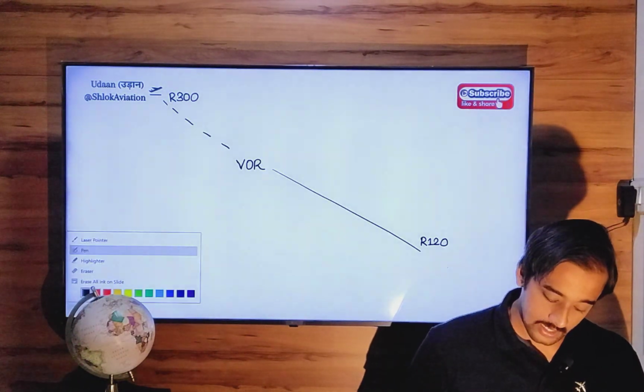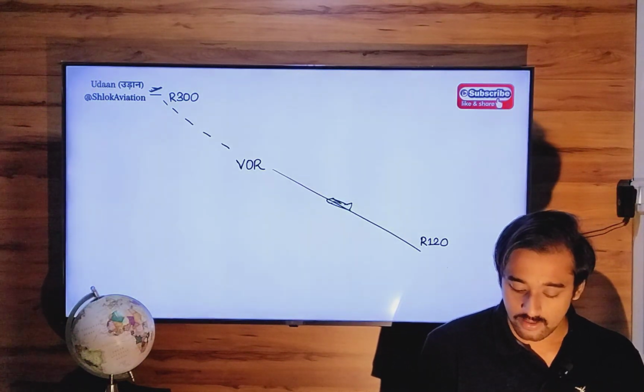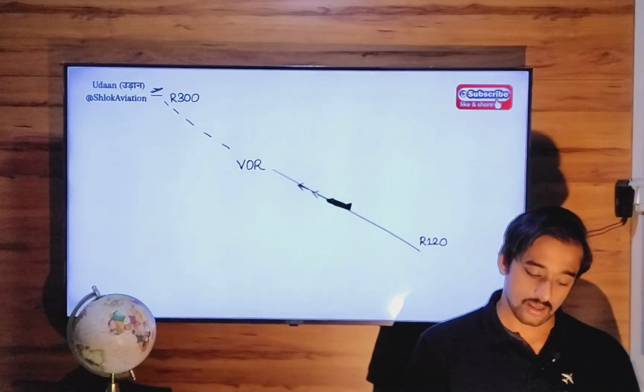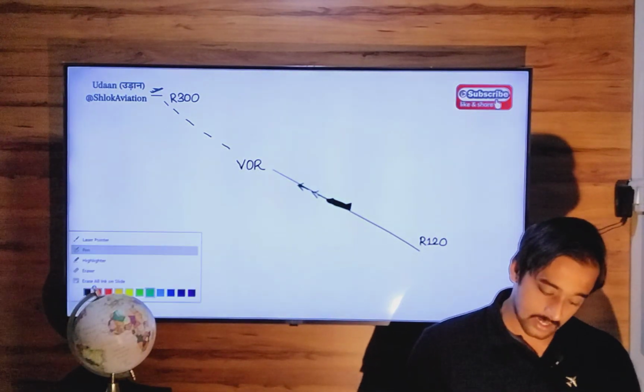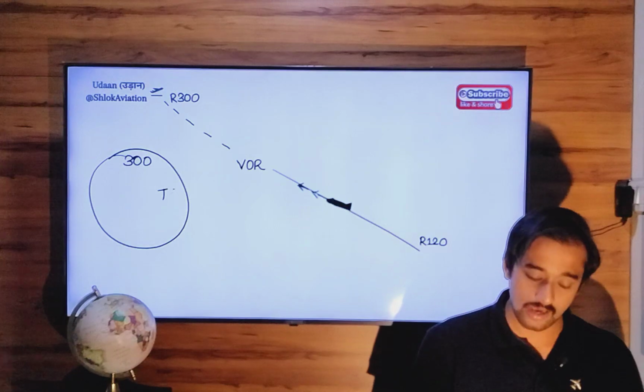So aircraft is flying directly towards the VOR station. By looking at this heading, you can know that aircraft is flying towards the VOR station.